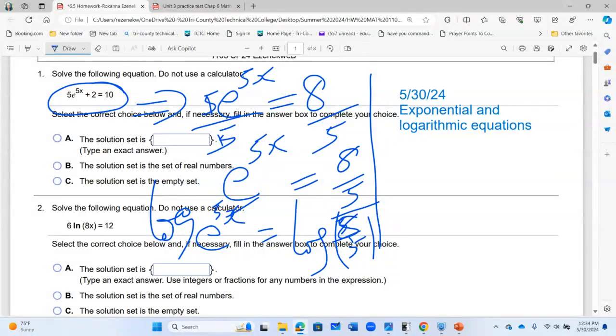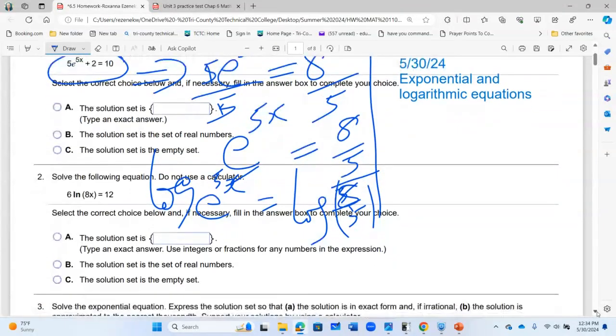Now we use the power rule. One of the laws of logarithms says the exponent becomes the coefficient, so on the left-hand side we have 5x multiplied by log e. By the way, I can actually take the natural log, because this is base e.